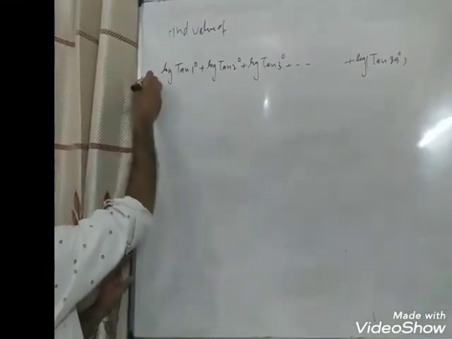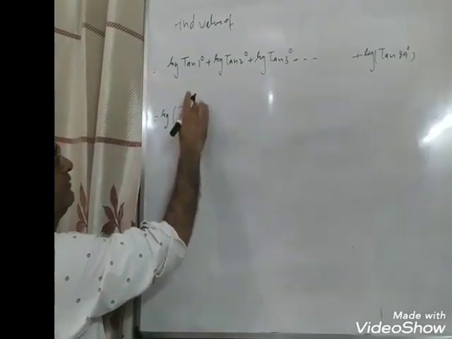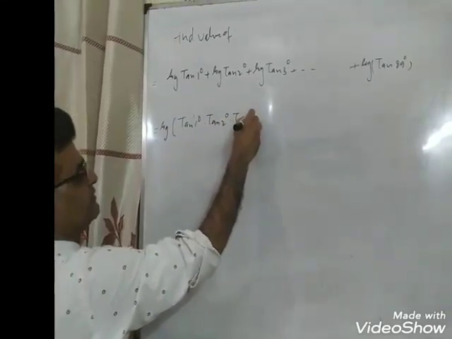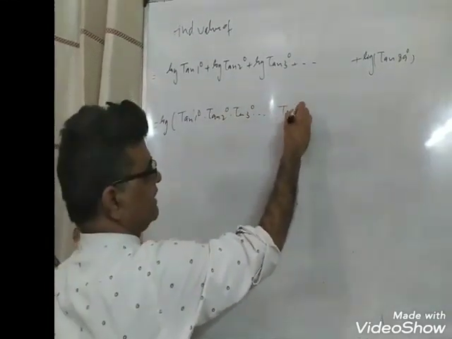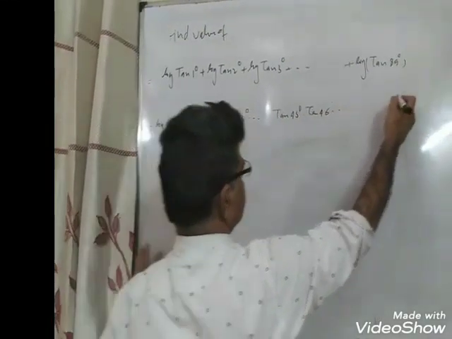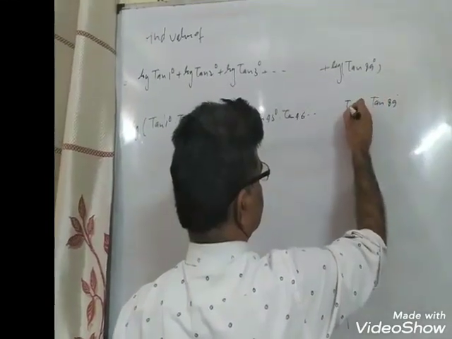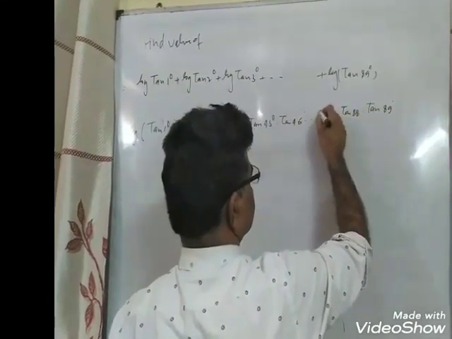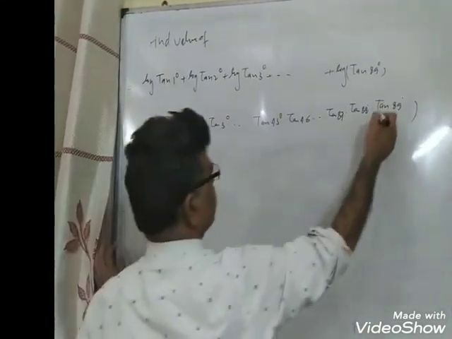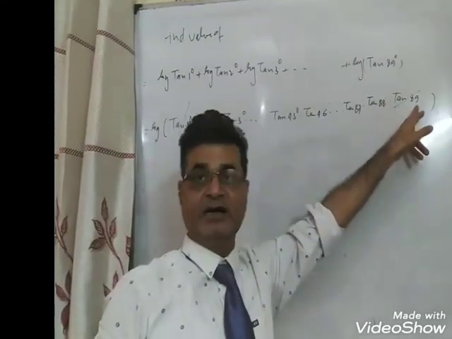So as per the first property, we can write log of tan 1 degree into tan 2 degree into tan 3 degree, likewise tan 45 degree, tan 46 degree, likewise tan 89 degree, tan 88 degree, tan 87 degree. You can see that tan 89 degree and tan 1 degree get cancelled because tan of 90 minus 1 becomes cot 1.